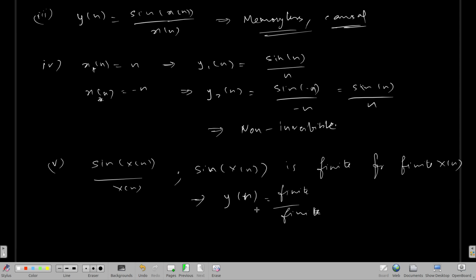That is, if x of n is finite, sine of x of n is also finite. So for a finite input, the output is some finite term by some other finite term, which is obviously finite, right? Therefore this is a stable system. Okay.